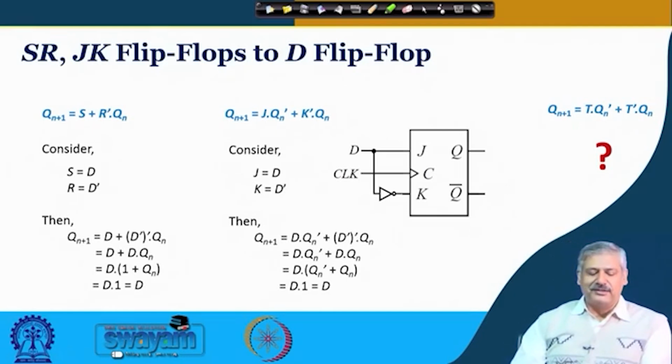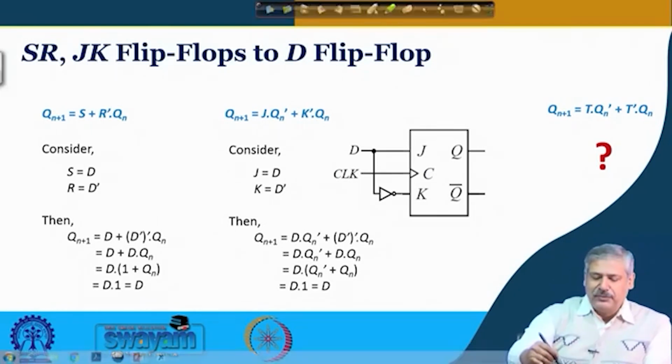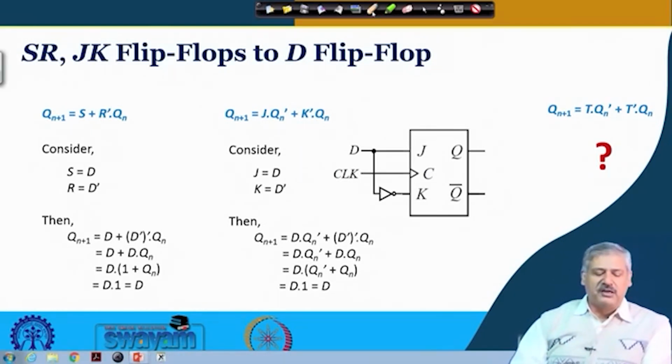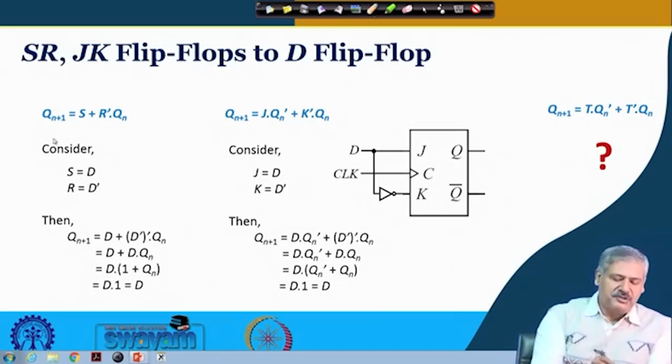Now, if we are looking at converting another flip-flop to D flip-flop, say SR flip-flop getting converted to D, we have seen this before, otherwise also we can figure it out from the characteristic equation.